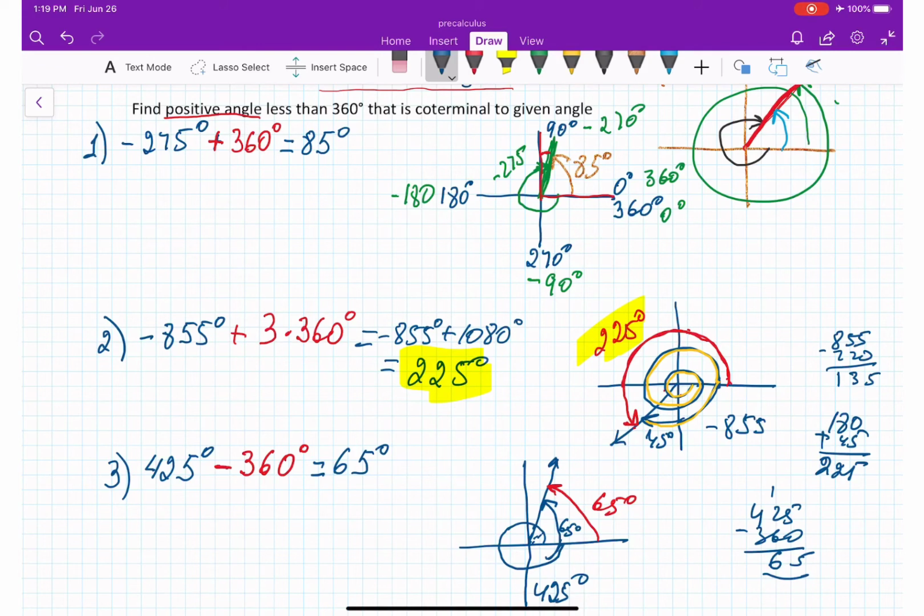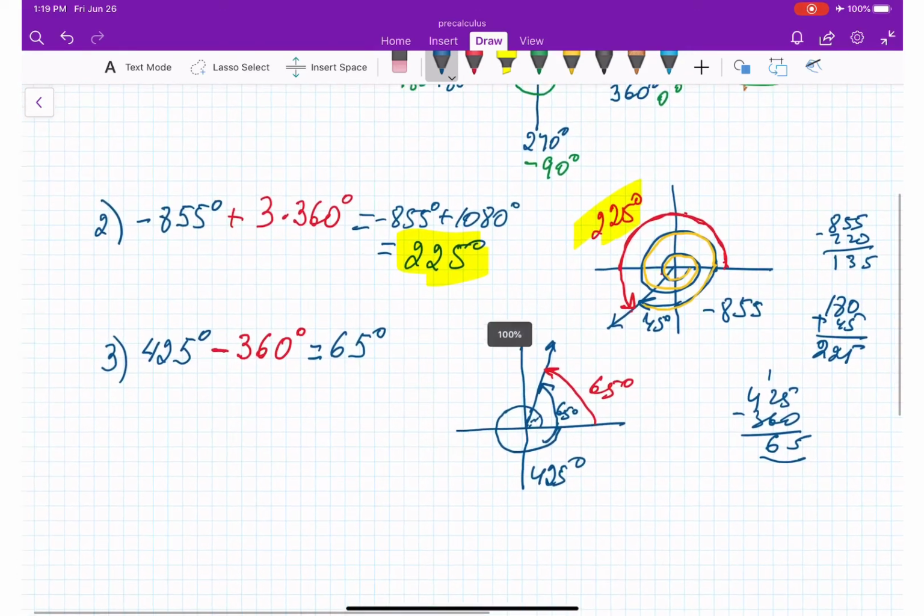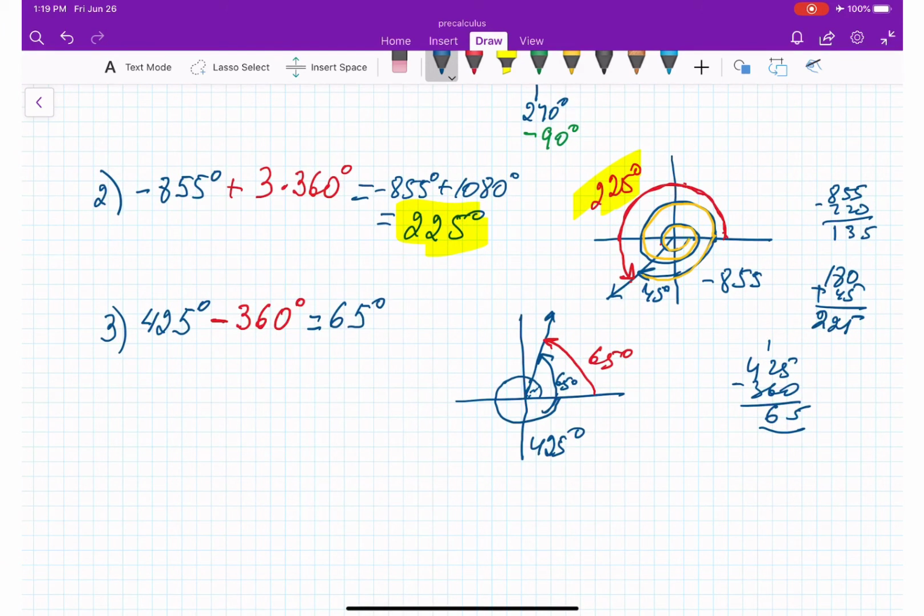If the degree is positive, you need to subtract. Okay? So you can get the positive angle. And that's usually the most common case when we are looking for a positive coterminal angle.